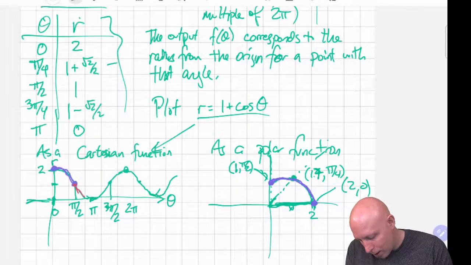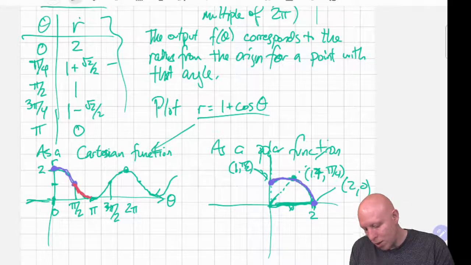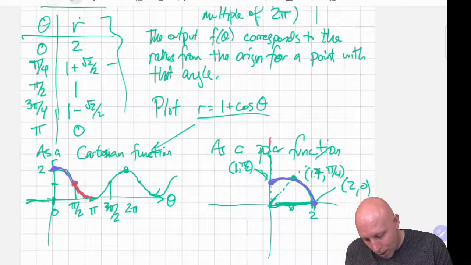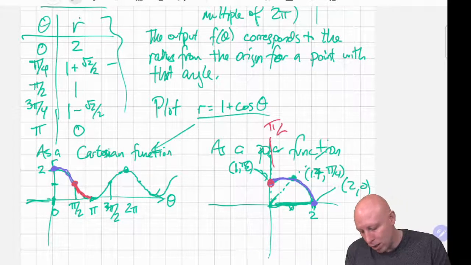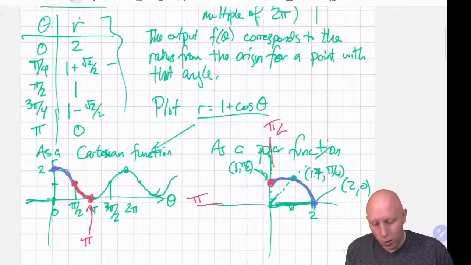So now, instead of plotting the points, I'm going to use this heuristic idea. When I'm at pi over 2, I'm at distance 1 away from the origin. But when I get down here to angle pi, my distance to the origin has to be 0.